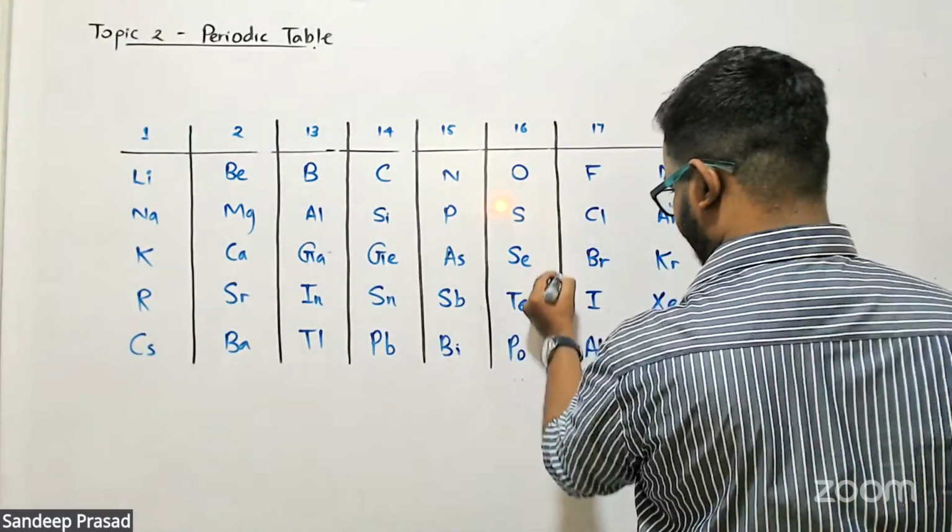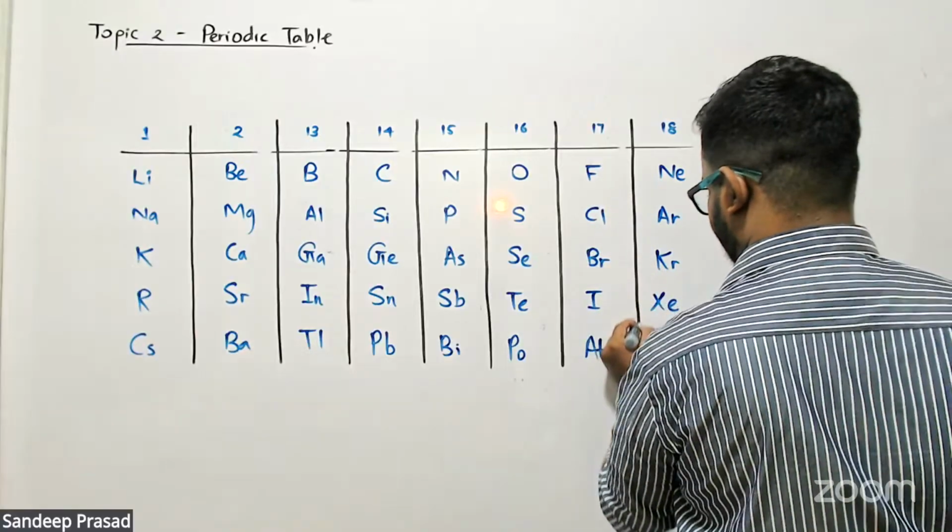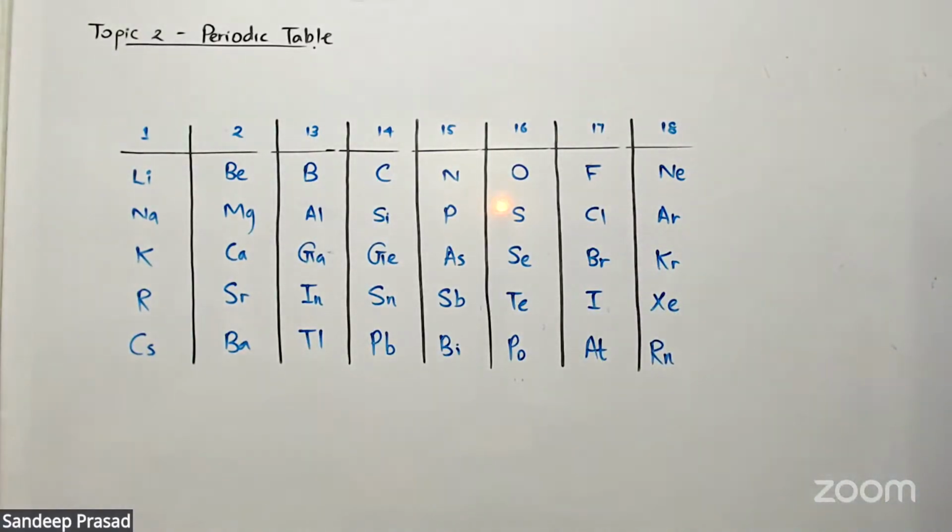Don't worry, we are learning these things under unit number 6, Chemistry of s, p, d block elements. So you have to remember the periodic table in this way. Got it?